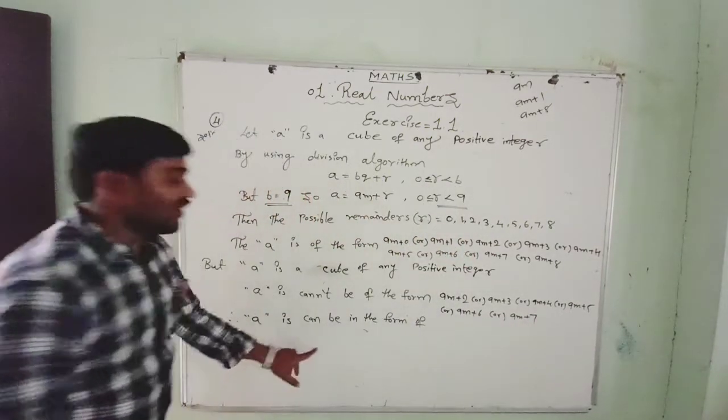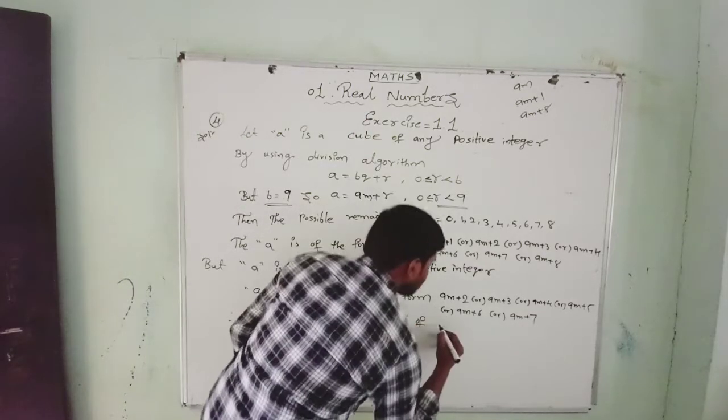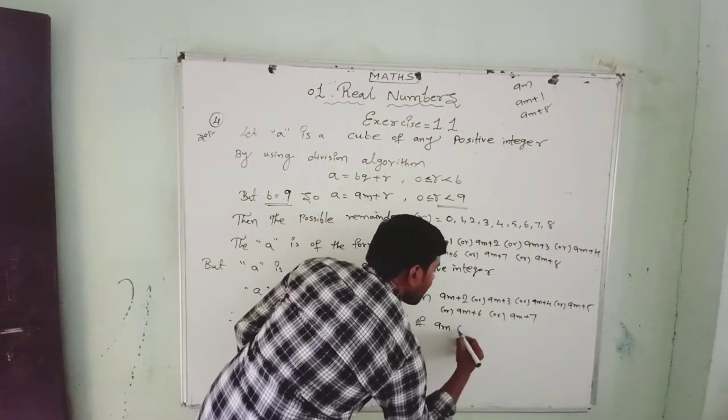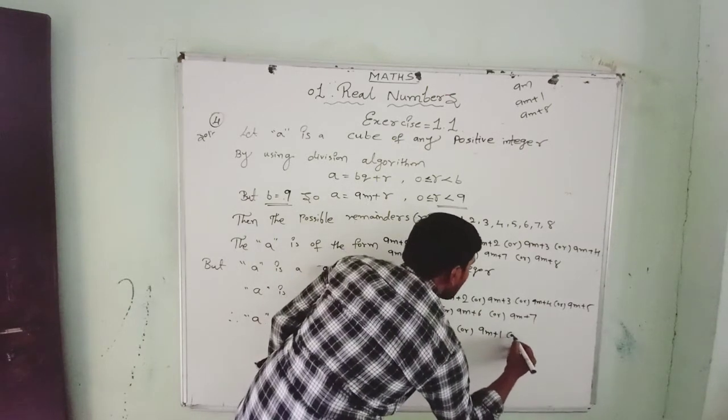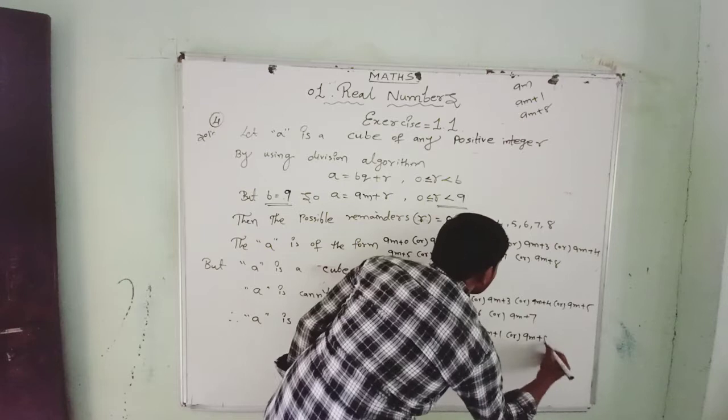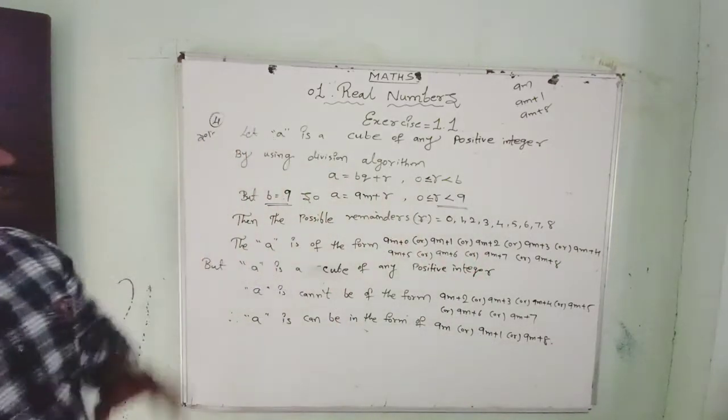So a can be in the form of the remaining. What is left? 9m, or 9m plus 1, or 9m plus 8. Finished. This is the answer.